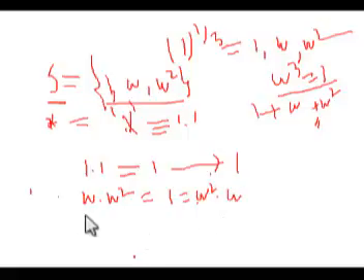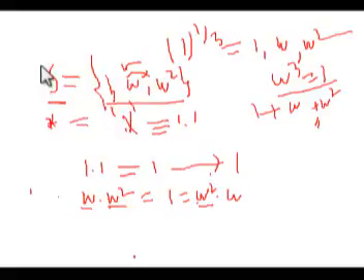So here you can very easily note that omega is the left inverse and also the right inverse of omega square. So omega's inverse element is omega square, and omega square's inverse element is omega. Both are mutually dependent, because one's inverse element is the other, and the other's inverse element is the earlier one. So here we are getting the inverse elements of the three elements.